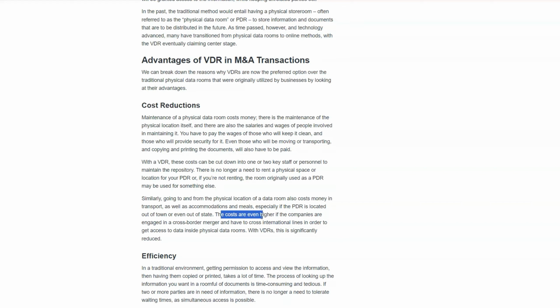The costs are even higher if the companies are engaged in cross-border deals and have to cross international lines in order to get access to the physical data rooms. With a VDR, this is significantly reduced.